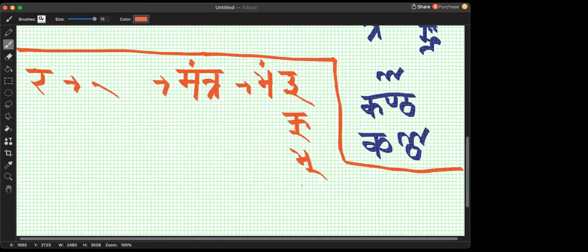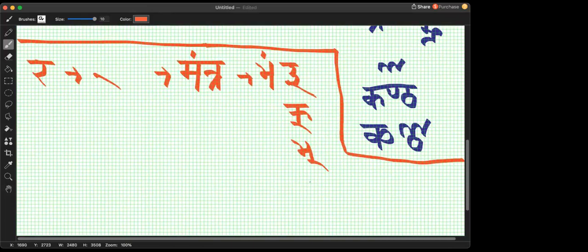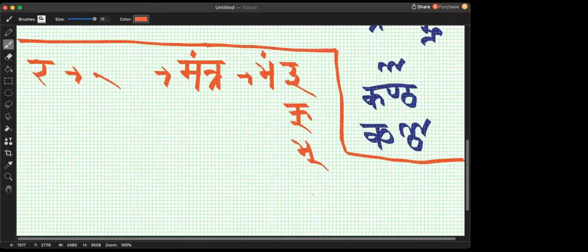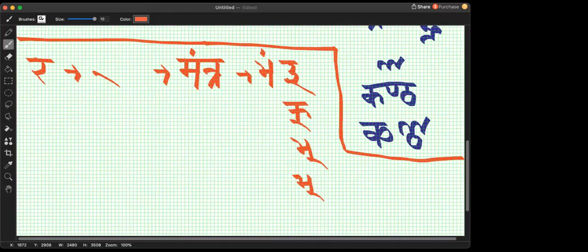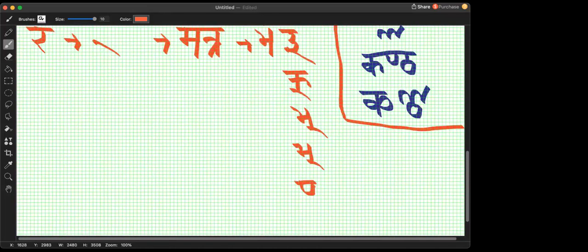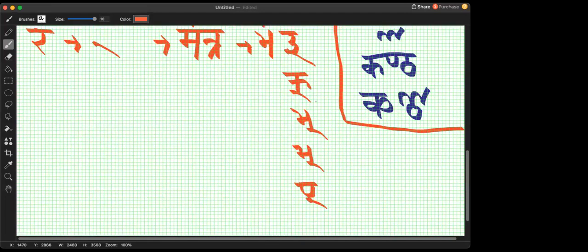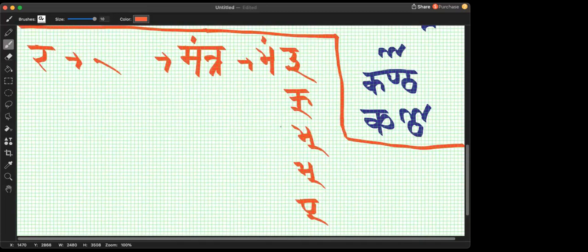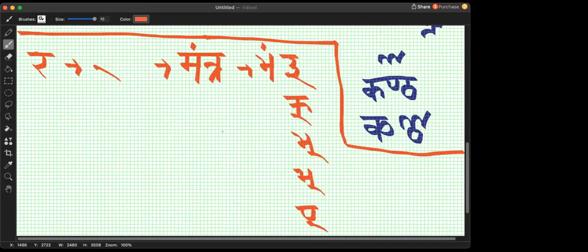And so if you're writing for tha like this, it'll go like this. Okay. So this is how r is written as a conjunct for all the alphabets in Sharda.